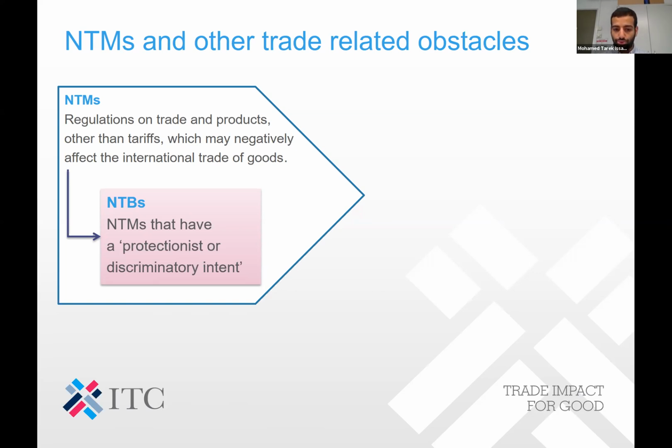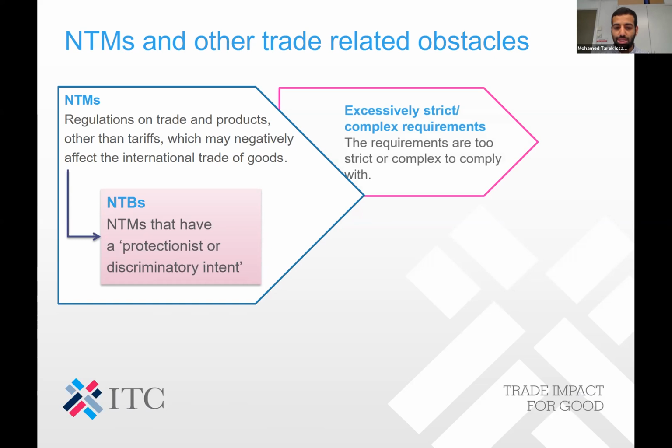And another important concept that you need to be aware of when it comes to NTMs, it might be difficult to comply because the measure is very strict. So the measure itself is very complicated, and that's why exporters are not able to comply with it.